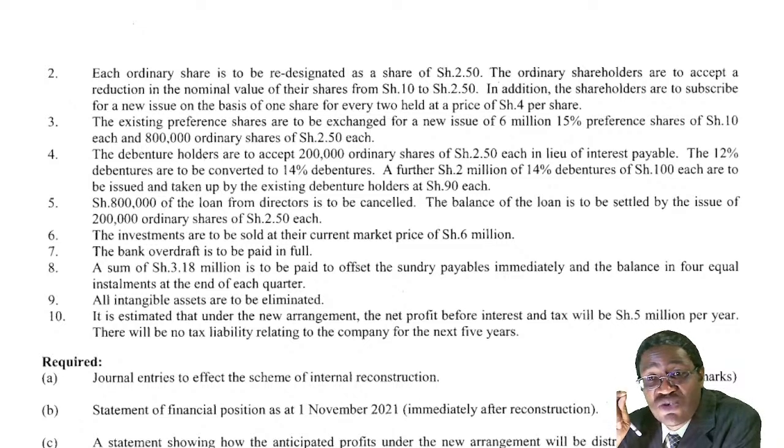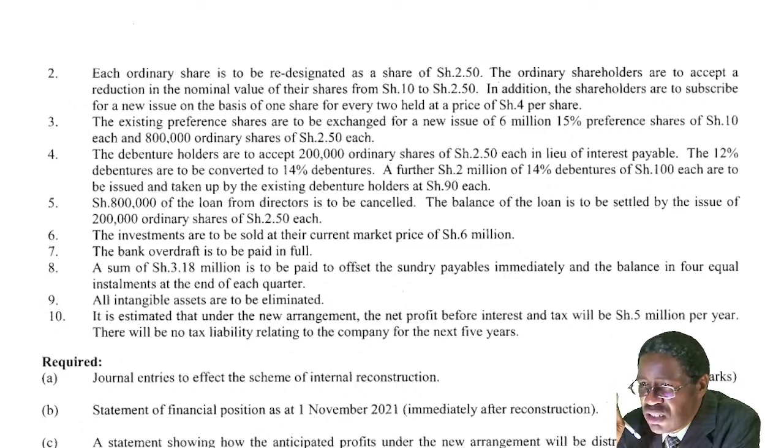When I was referring to number 3, they must have forgotten to put shillings 6 million for preference. I hope you are noticing now. For debentures, it's very clear.